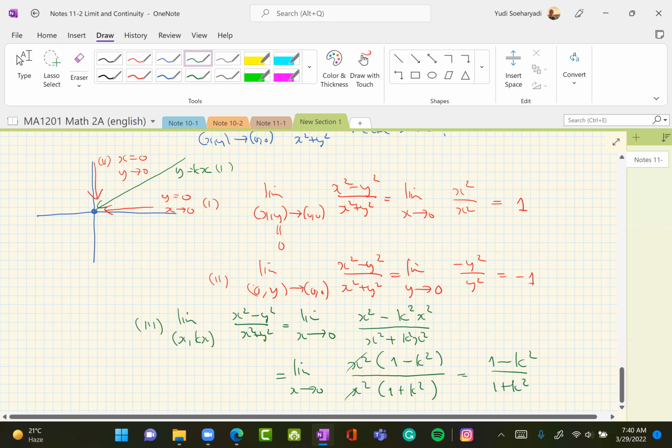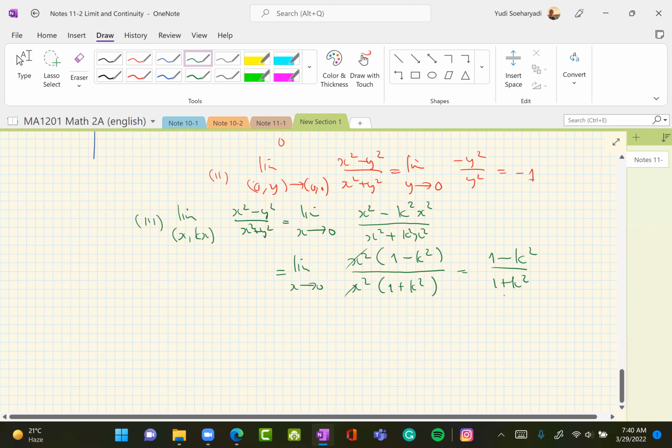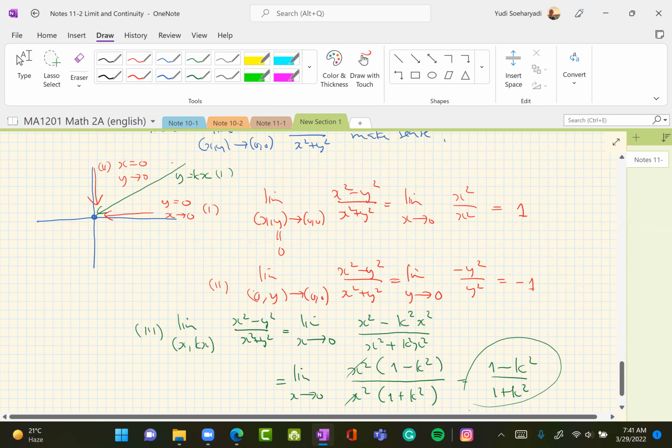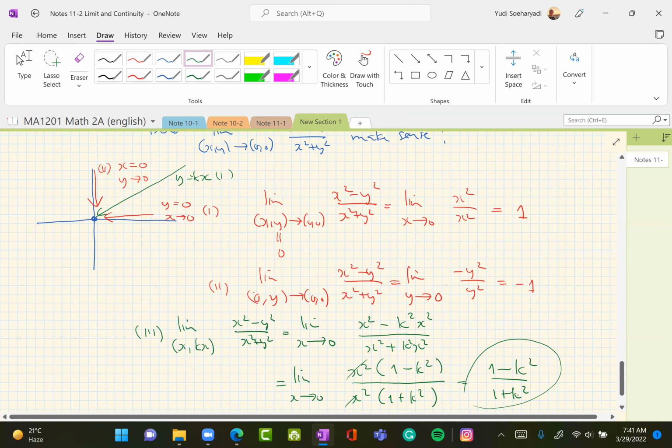Of course, this approach is a different thing with a different k, so here a different limit. What tells you that any direction gives you a different thing.